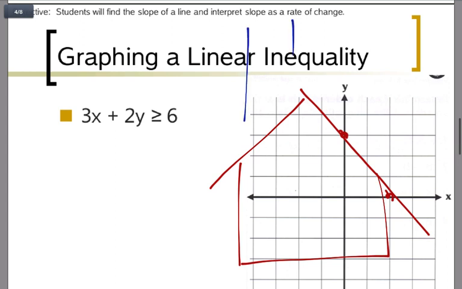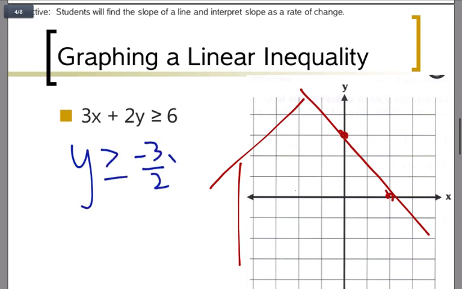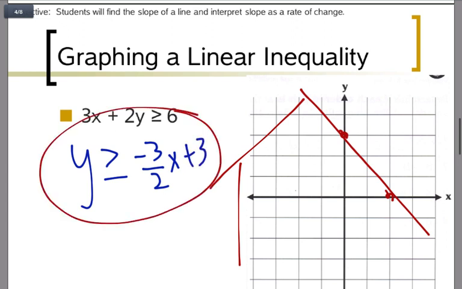Either water is going to fall from the sky, or we have water coming up from below, a flood. So y is greater than or equal to negative 3 halves x plus 3 is what tells us whether we've got rain or a flood. If y is greater than, it means it's coming from the sky.